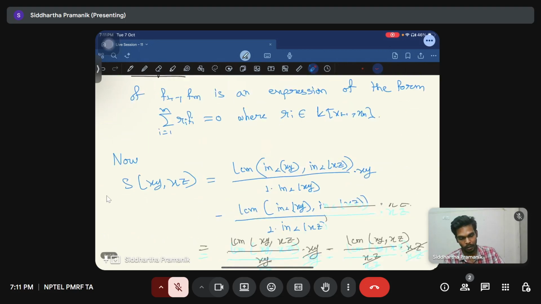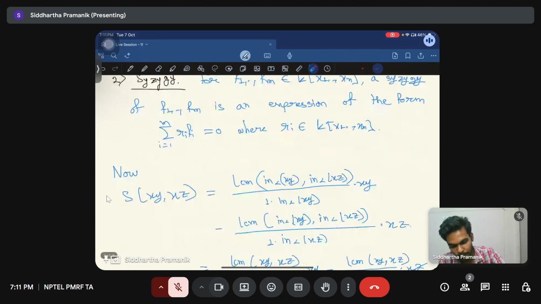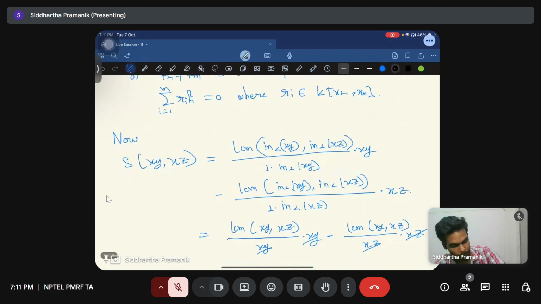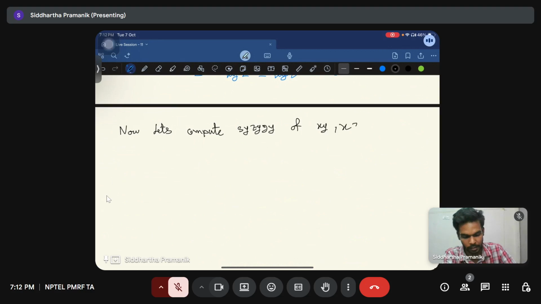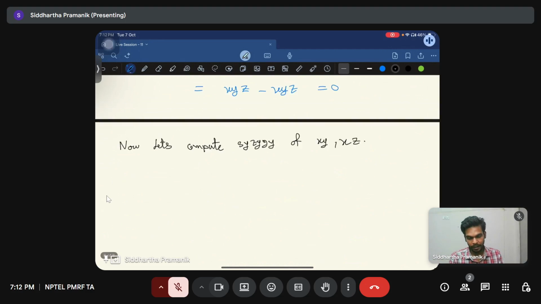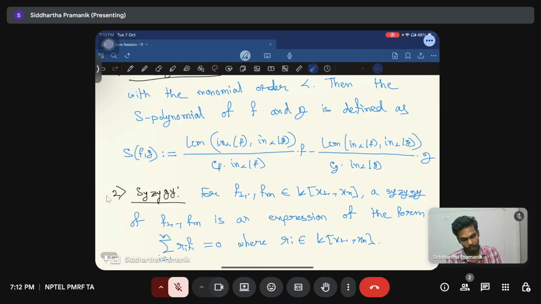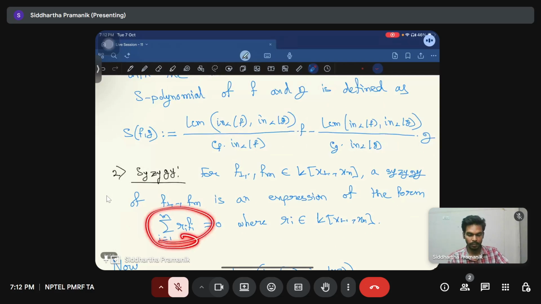Now we need to compute the CGD of xy comma xz. So we need to find relations or expressions of this form.